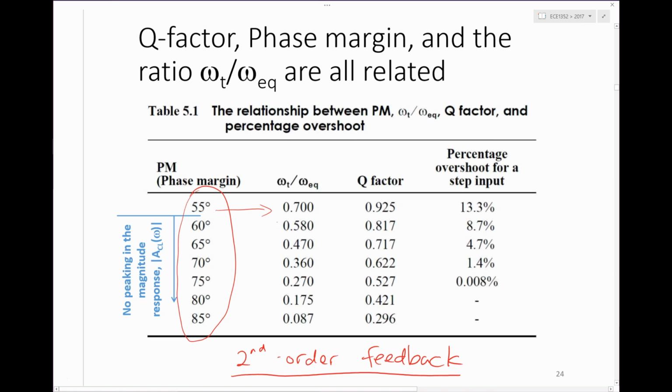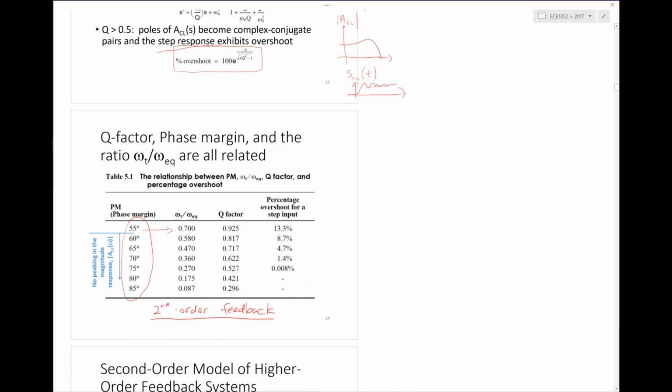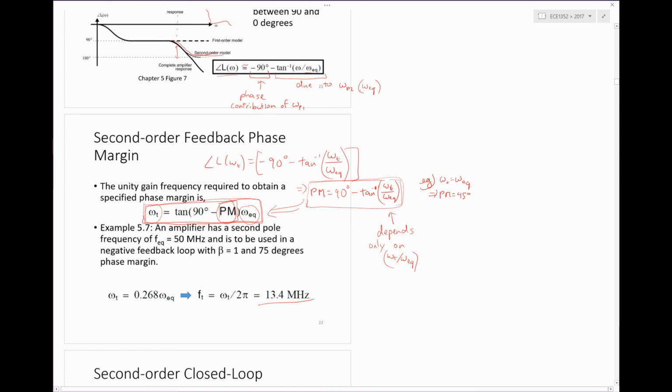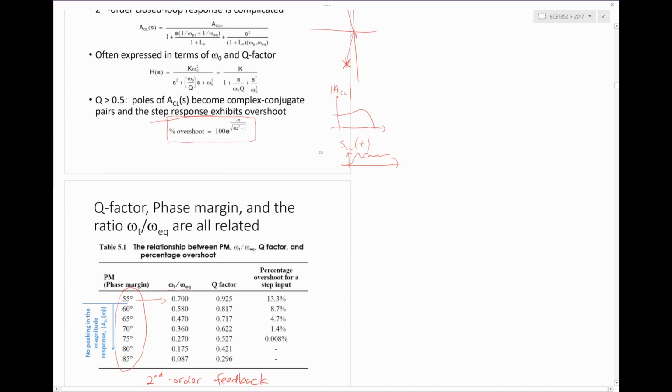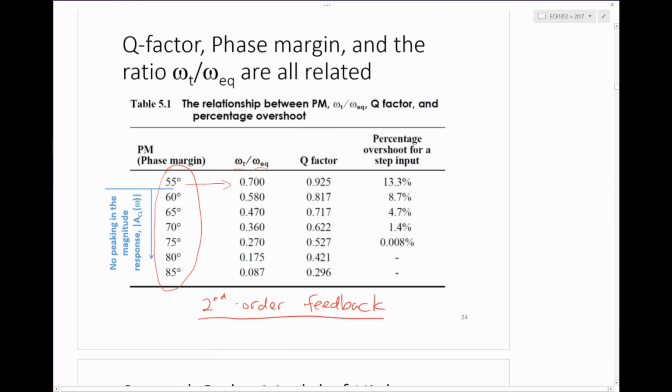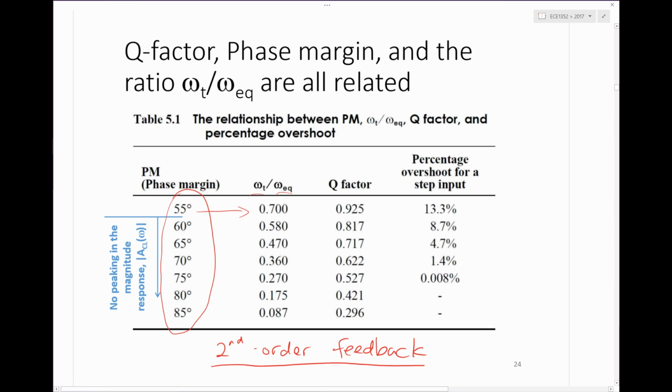If that's the case, corresponding to each of these phase margins, we can find out what the ratio of omega t to omega EQ needs to be. And that's just coming from this expression up here. So we're just tabulating that equation here.